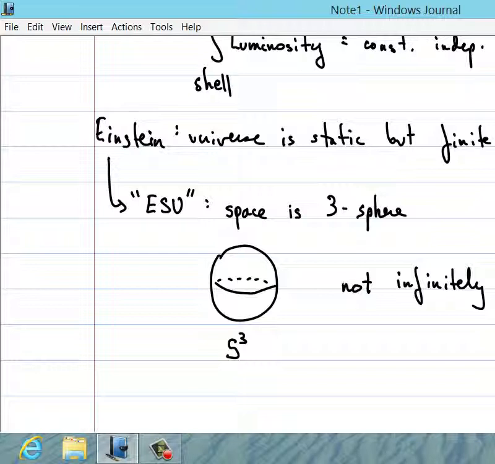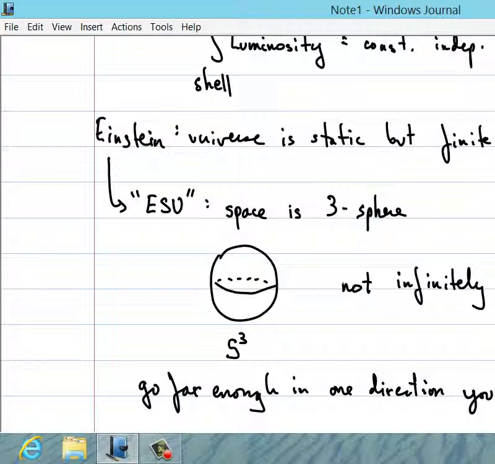For example, if you go far enough in one direction, you will end up back where you started. Just as if you were standing here on the Earth's surface and you started walking in one direction and you walked for a very long time, you would end up back where you started.